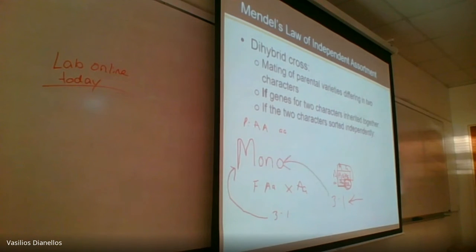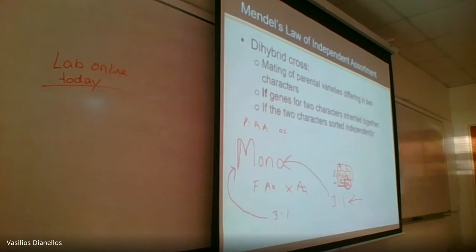Everybody good there? Okay. That being said, now we're looking at the dihybrid cross again. So we're not looking at just one character, we're going to look at 2 characters. Now these 2 are hypotheticals, because this is not how it goes.